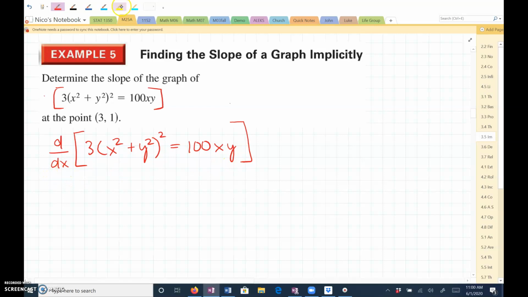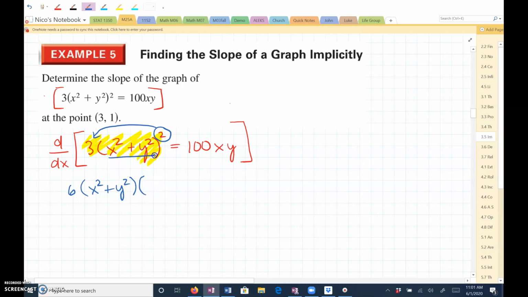So let's take the derivative of this first one here. It's going to start off with the chain rule, being the power rule. So you're going to do 2 times 3, which is 6, leaving you with x squared plus y squared to the first power.